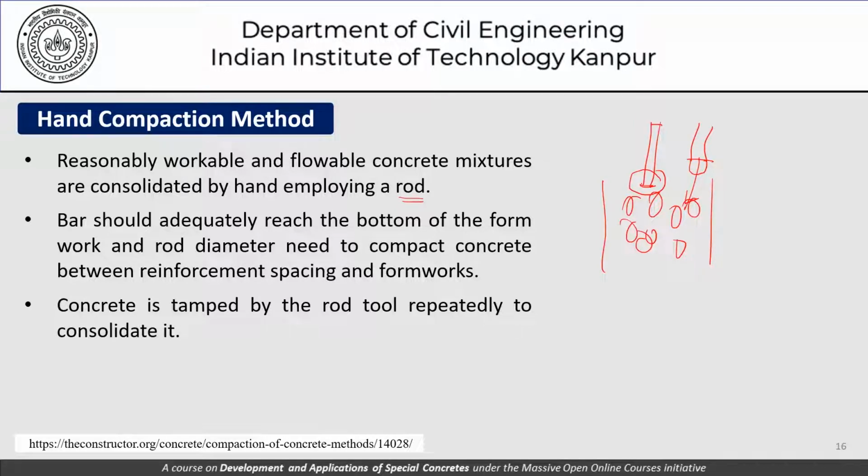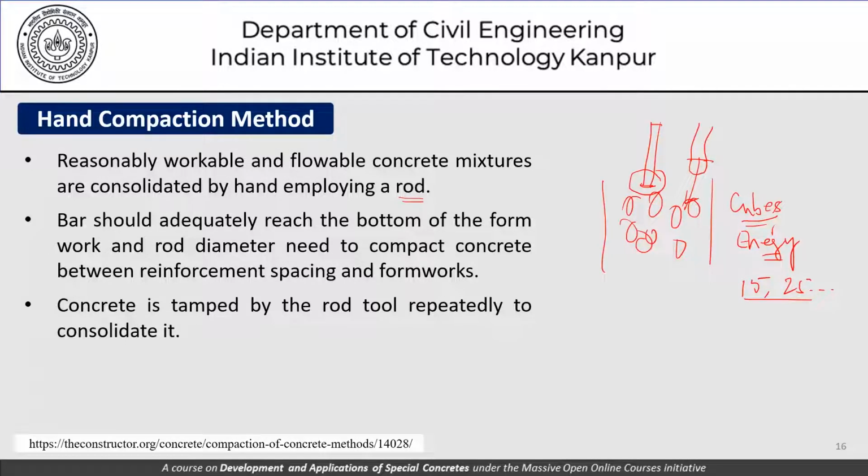You will recall that when we are preparing cubes or working in the laboratory, we often use tamping rods for compaction of concrete, and in those cases, in order to standardize the amount of effort or the energy that is being used for compaction, the codes specify something like 15 blows or 25 blows or whatever it is for different kinds of tests.